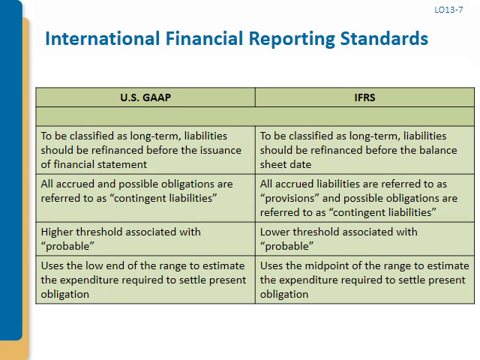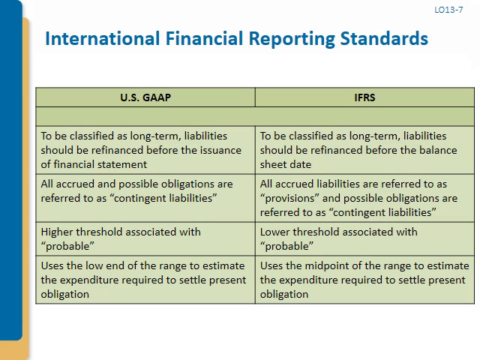IFRS measures the liability as the best estimate of the expenditure required to settle the present obligation out of the range of possible outcomes. IFRS uses the midpoint of the range, while US GAAP requires use of the low end of the range. Now, I want you to note under US standards, we talked about probable.